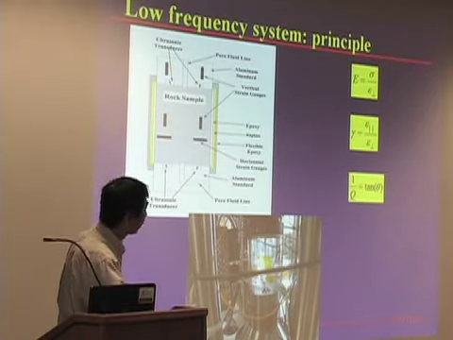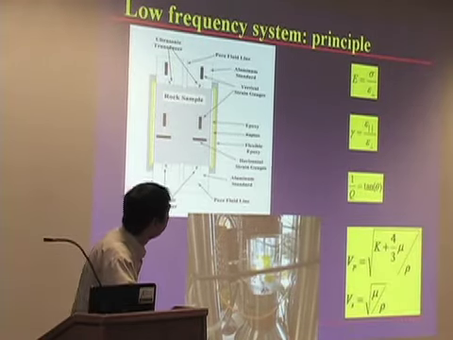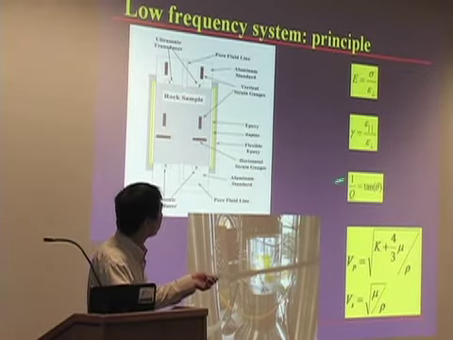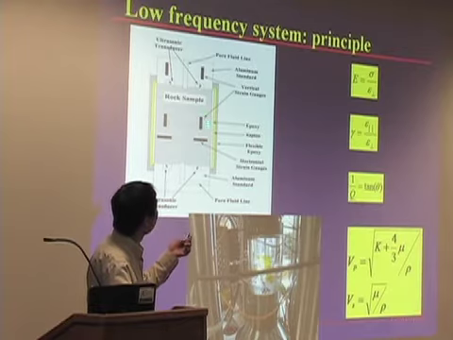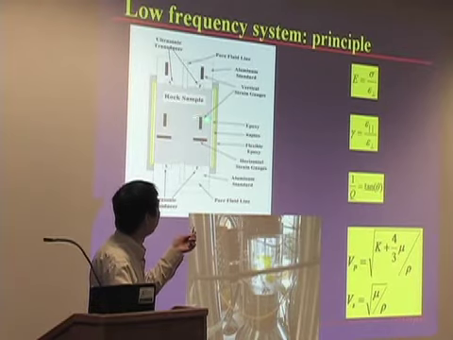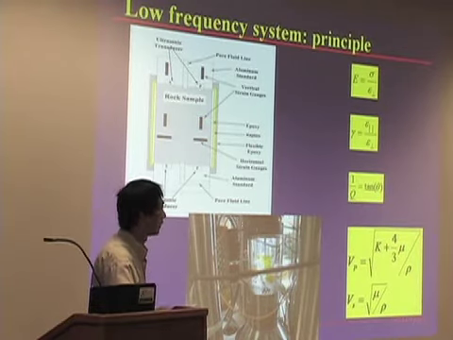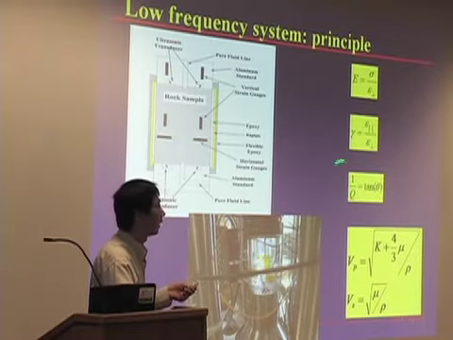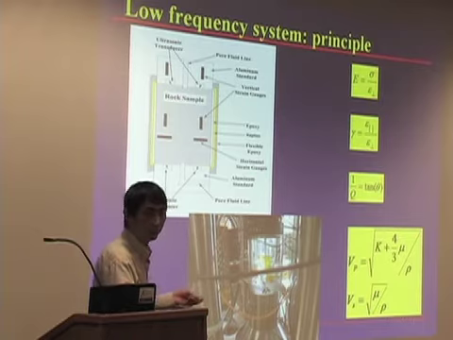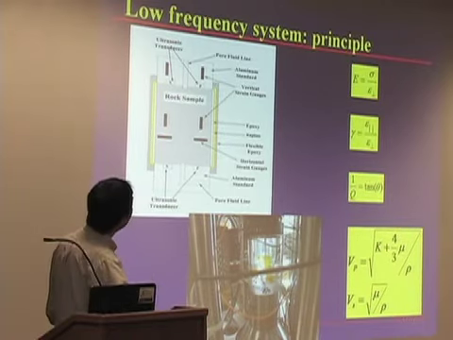Then we can calculate the velocity from that. And for attenuation, we just need to measure the phase, because the strain output not only gives the amplitude, we can also measure its phase. So by looking at the phase difference between the stress and the strain, we can calculate the attenuation.